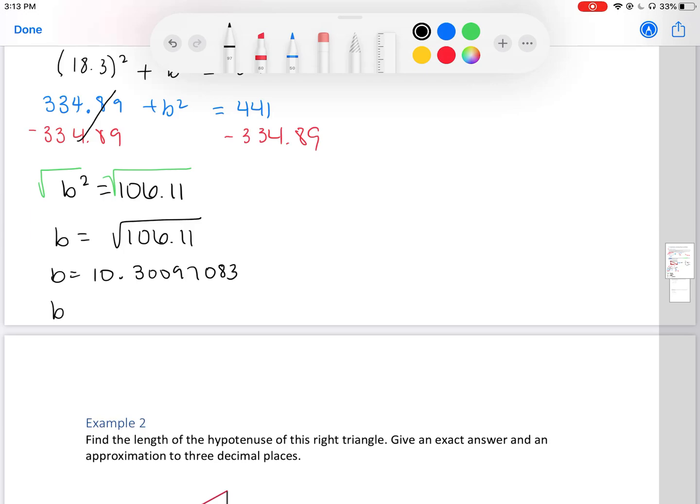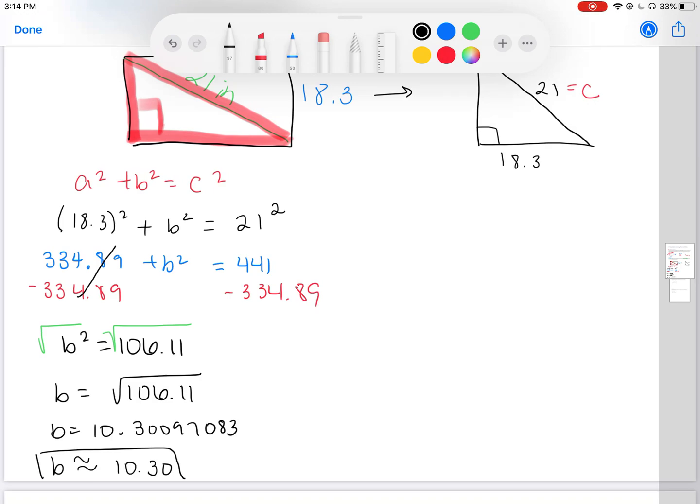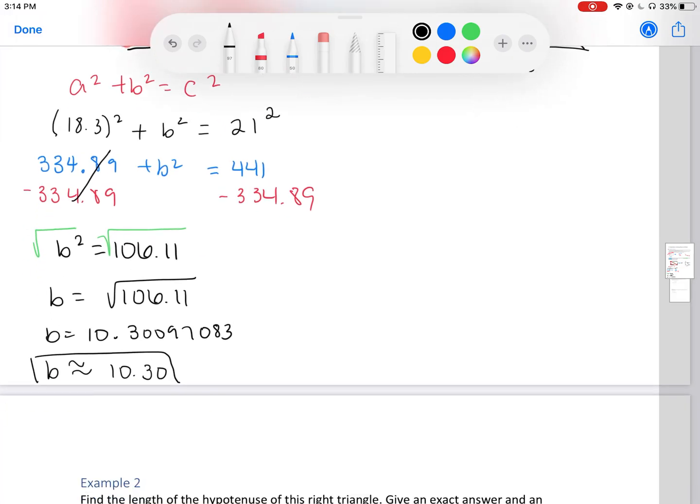We can round to 2 decimal places, 10.30. And that is our answer. This is the Pythagorean theorem. It's a really helpful formula. You see it a lot when you continue maybe into pre-calculus, when you work with trigonometry.